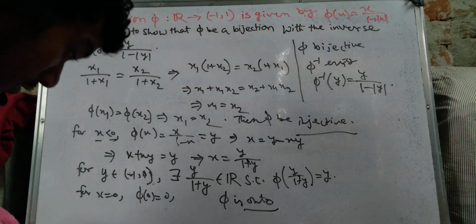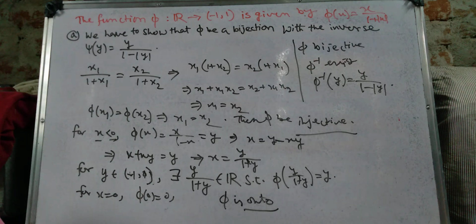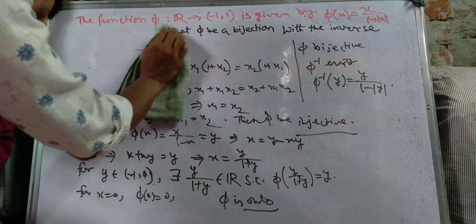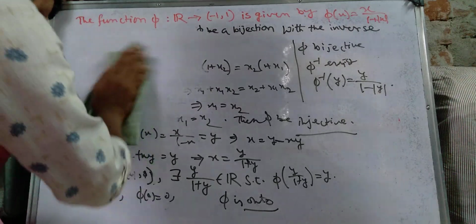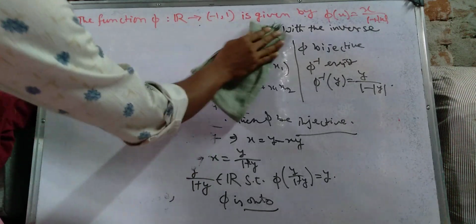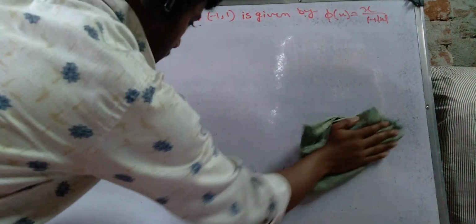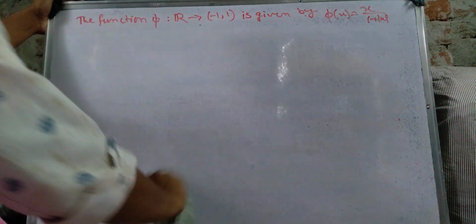So next we observe phi extending to infinity, how this one behaves, or extending to minus infinity, how this one behaves.